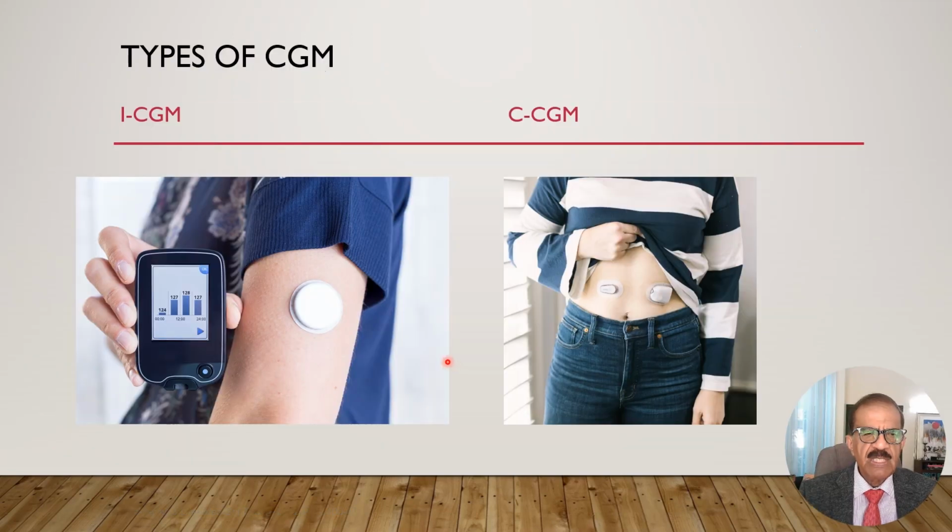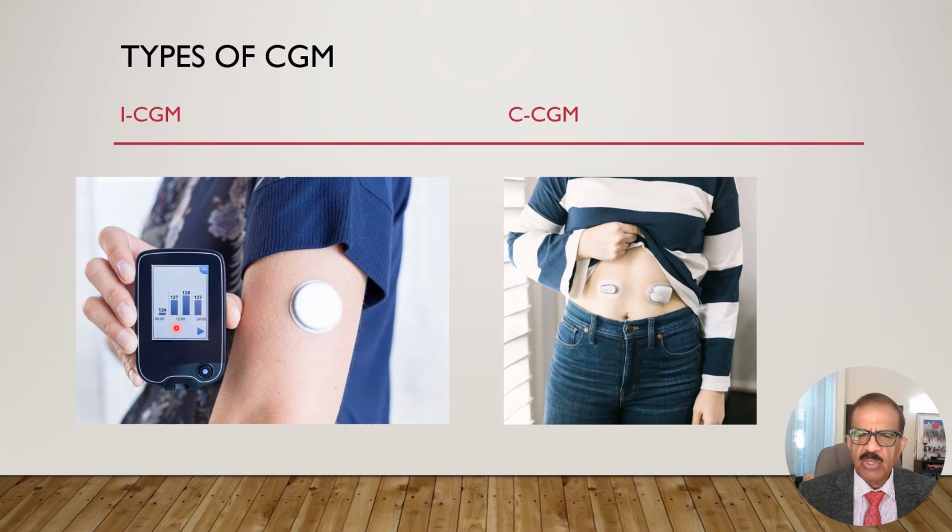Now, these are two devices, and this is available in our country, and this is actually intermittent continuous glucose monitoring. You wear a scanner here which would last for 2 weeks, and then you program it with the device. This is called reader, and once it is configured, then you could check your sugar anytime, as many times a day as you wish.